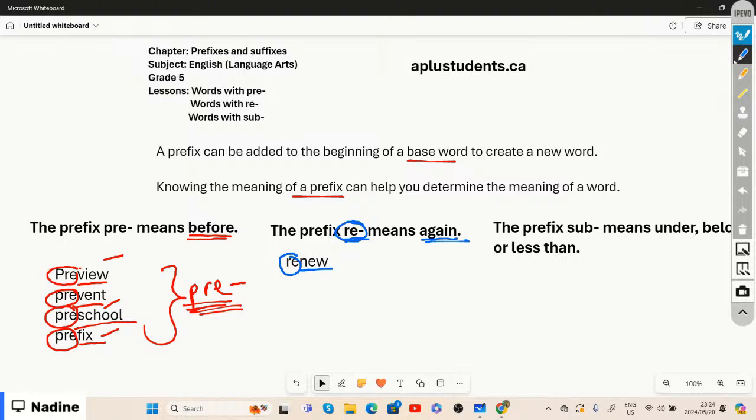And that is basically what renew means. Something had already started, but we're resuming, we are continuing. So it's going to start afresh. It's like repeating something.